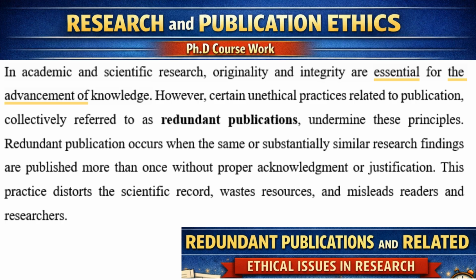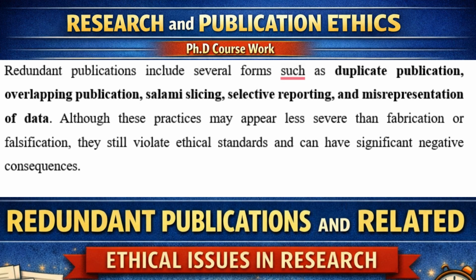Redundant publication occurs when the same or substantially similar research findings are published more than once without proper acknowledgement or justification. This practice distorts the scientific record, wastes resources, and misleads readers and researchers. Redundant publication includes several forms such as duplicate publication, overlapping publication, salami slicing, selective reporting, and misrepresentation of data.